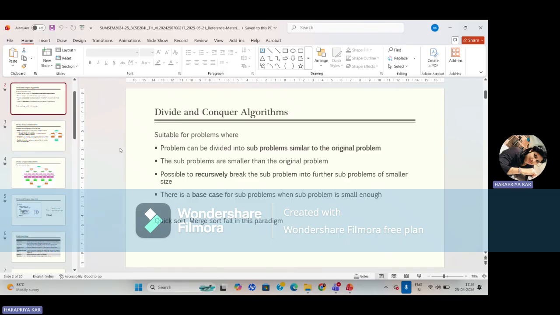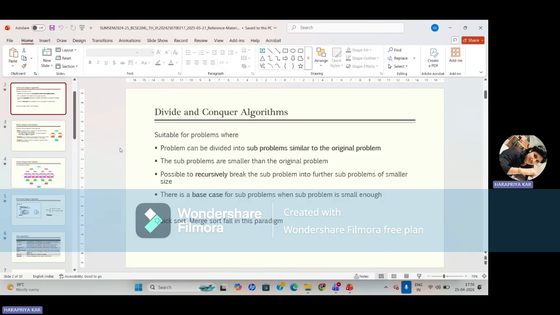Here you have to break a large problem into sub-problems, and the sub-problems are smaller than the original problem. Then it is possible to recursively break the sub-problem into further sub-problems of smaller size.